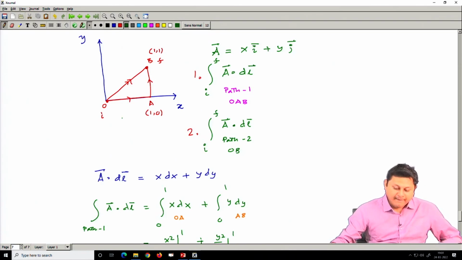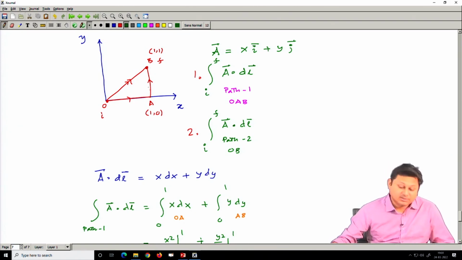Then the next trick of this problem is how to find from O to B. This path is fine, because in one case x is not changing, in the other case y is not changing, but in this case x and y both are changing. So, the trick is, you can see the coordinate is 1 1, that means the change of x and y is the same.